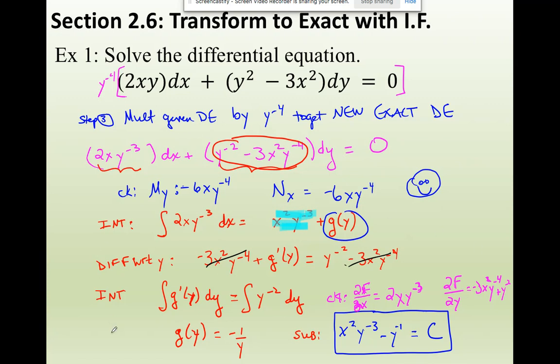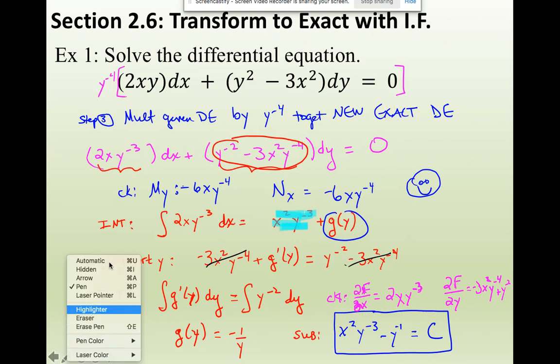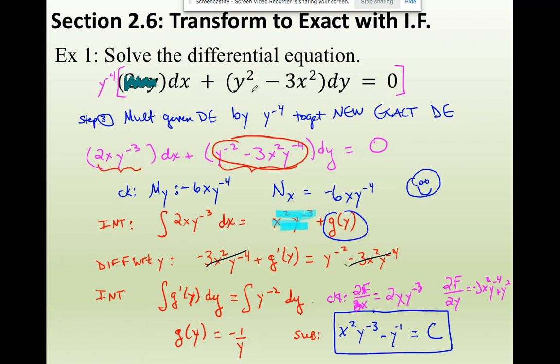You're like, oh, that doesn't equal my M or my N. No, it doesn't. But you know what it does match? Your new M and your new N, right? That's what it matches. How do you get the original back? You divide by your integrating factor, which is y to the -4.